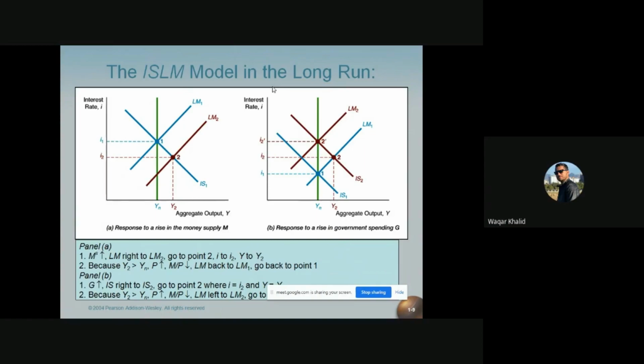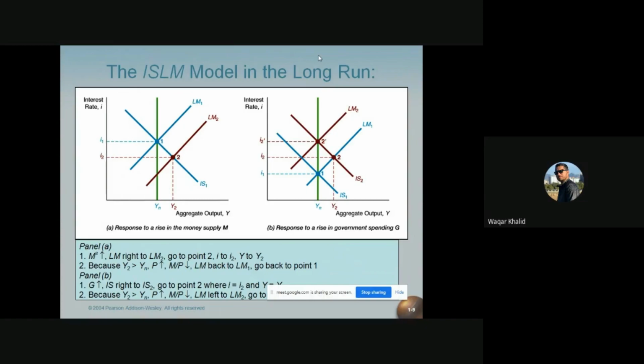As you know, so far in our ISLM model, we have been assuming that the price level is fixed, because now we are talking about the long run. In the short run, the price level is fixed. So we have been assuming that the price level is fixed so that nominal values and real values are the same. When the price level is fixed, there is no difference between a real quantity and a nominal quantity.